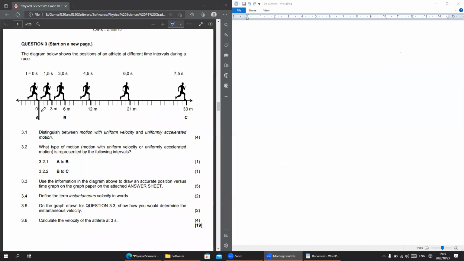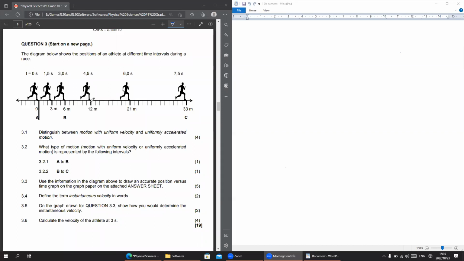So you can see that this athlete was able to travel 3 meters in 1.5 seconds, another 3 meters in 1.5 seconds, but then he starts sprinting a bit faster.